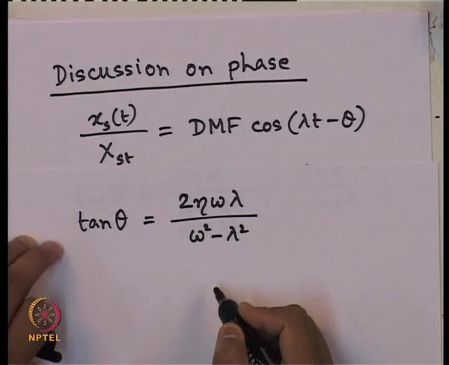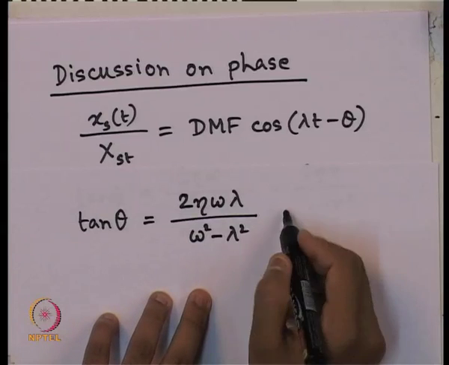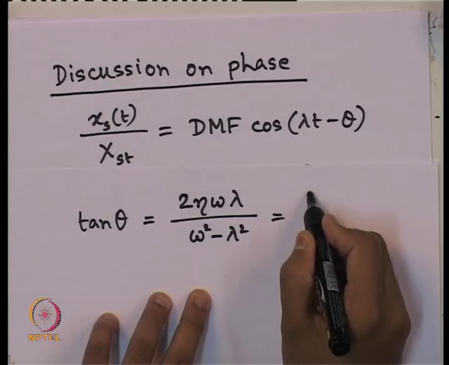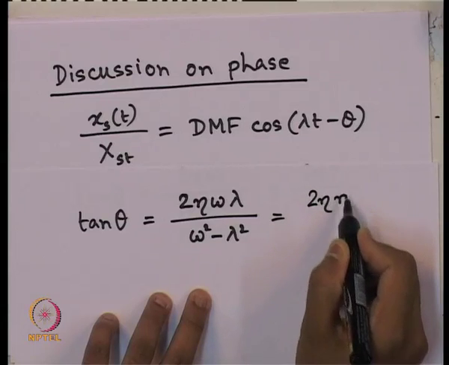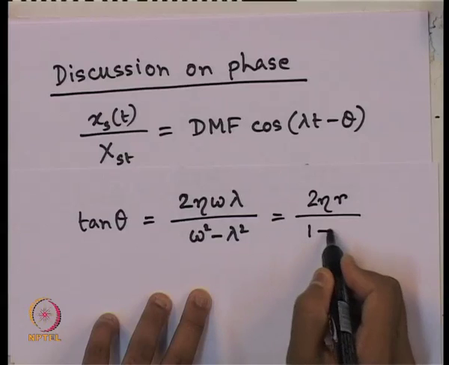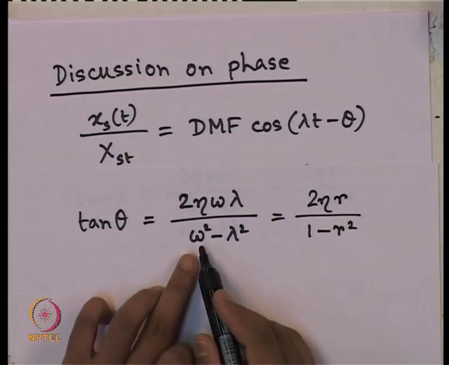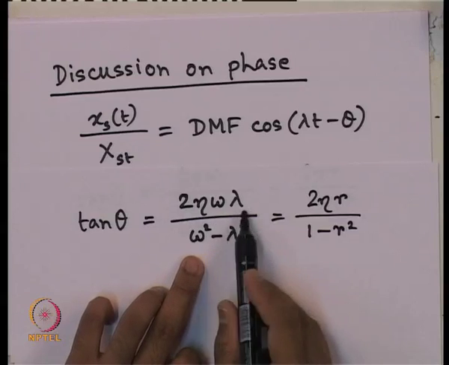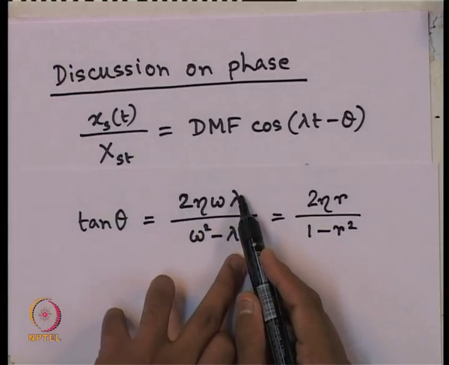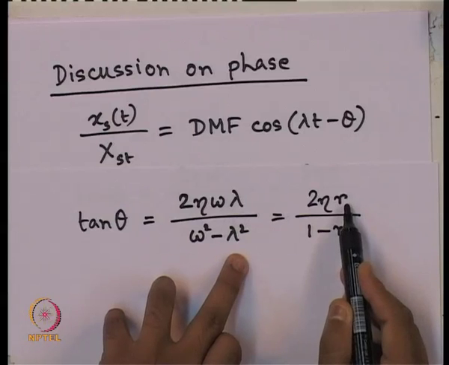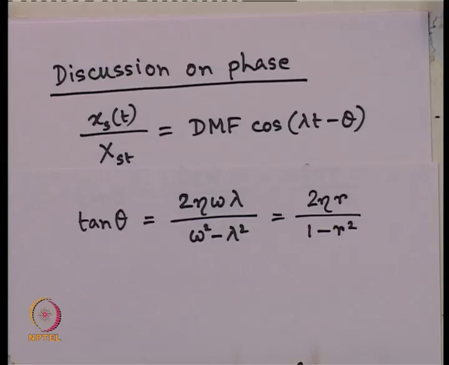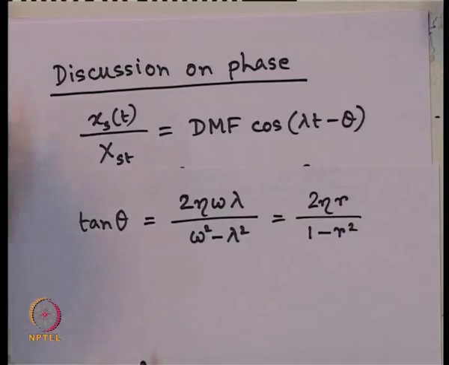That was the expression for tan theta, which we can simplify as 2 eta r by 1 minus r square. We have divided both numerator and denominator by omega square. So, here one omega gets cancelled, lambda by omega is nothing but r, the frequency ratio. So, now this phase, how it varies for different cases, let us see.